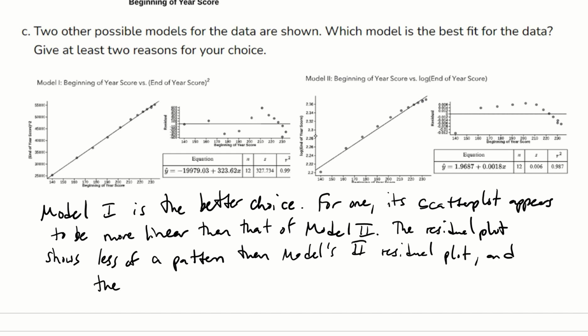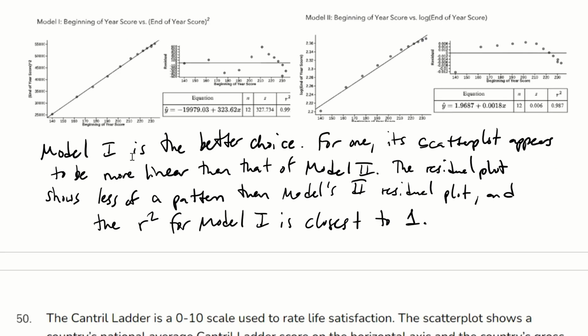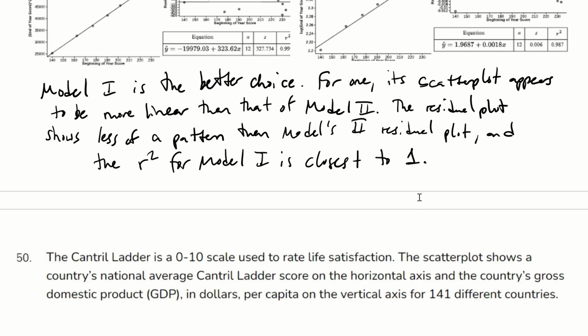And the R squared for model 1 is closest to 1. Okay, so those are the three different reasons for the choice. The scatter plot looks more linear. The residual plot shows less of a pattern. It's still a bit of a pattern though, but it's less so. R squared is closest to 1.